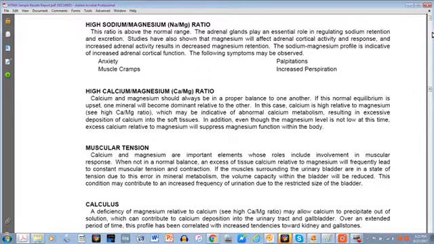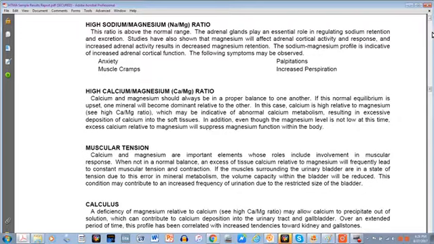Muscular tension. Calcium and magnesium are important elements whose roles include involvement in muscular response. When not in a normal balance, an excess of tissue calcium relative to magnesium will frequently lead to constant muscular tension and contraction.